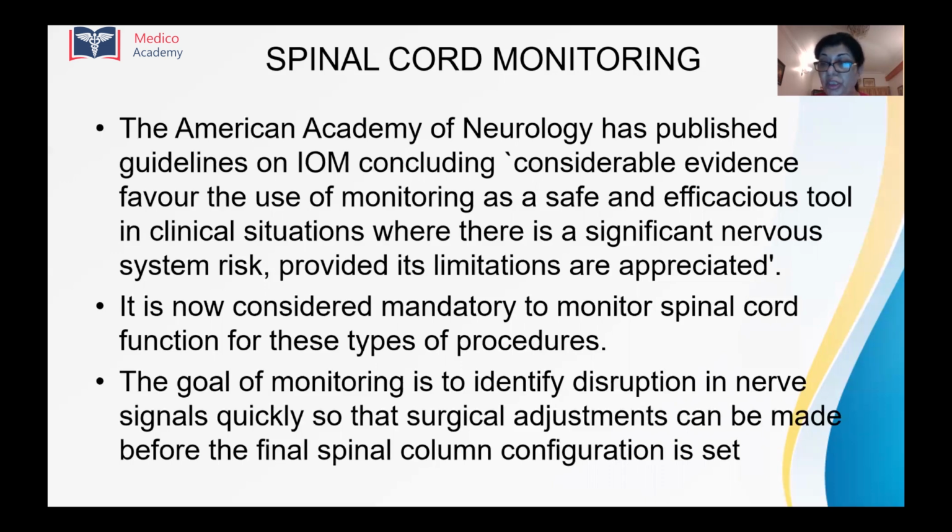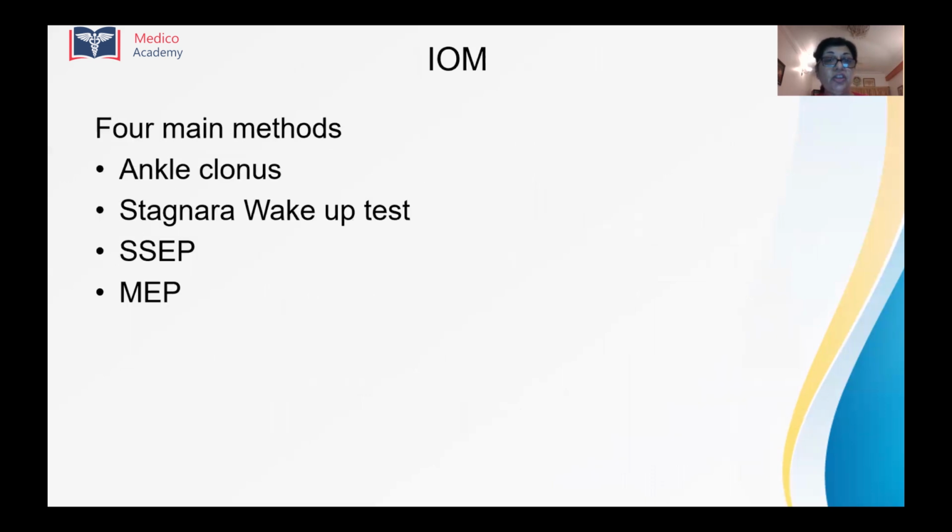The goal of monitoring is to identify disruption in nerve signals quickly so that surgical adjustment can be made before the final spinal column configuration is set. Now, there are four main methods of intraoperative monitoring: the ankle clonus, the Stagnara wake-up test, the SSEP, that is the somatosensory evoked potential, and the muscle evoked potential.